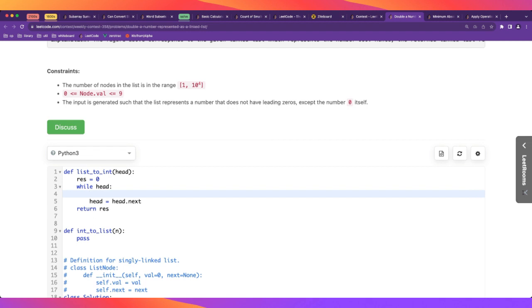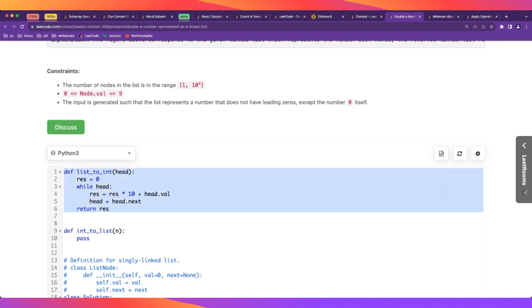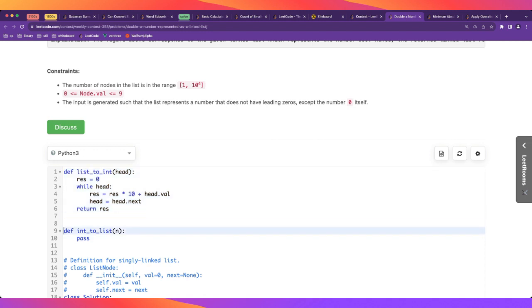So when we add a new digit, we want to shift everything we already have to the left, which in base 10 is to multiply by 10, and then we want to add the current digit. And this is going to convert the linked list into an int.